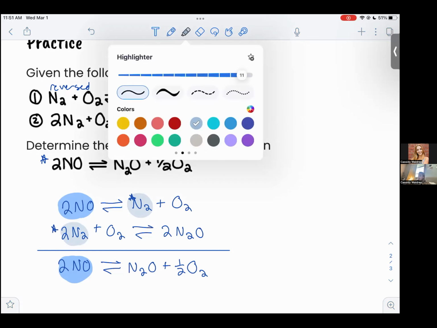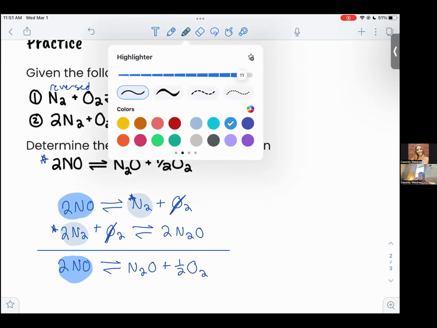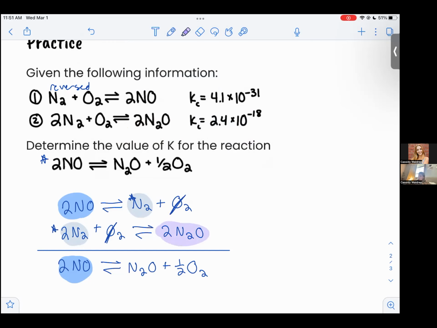My N2s actually just completely will cancel out right now, but I don't want that either because I need an O2 in my final equation. Then if I look at my N2O right here, it looks like I only need one of them, but I'm given 2. So obviously something still has to be done with that second equation. You've got to use your critical thinking skills here.